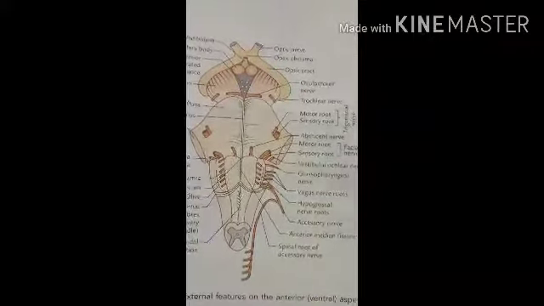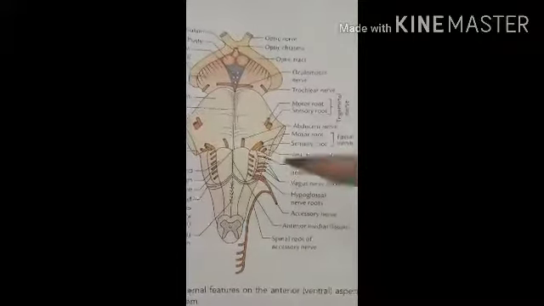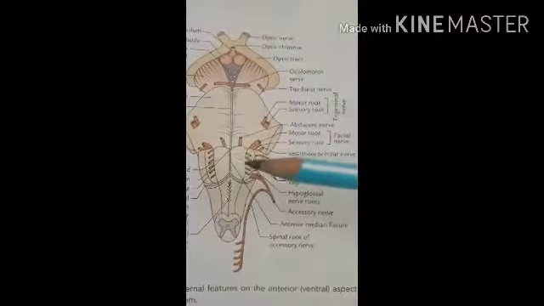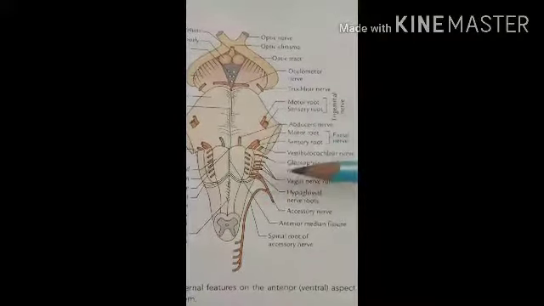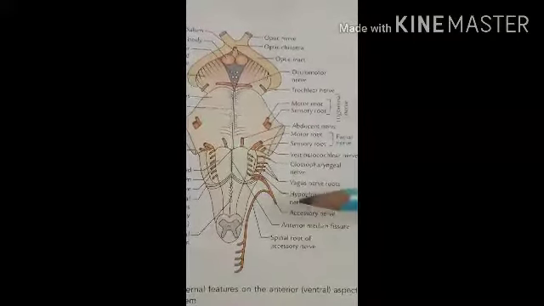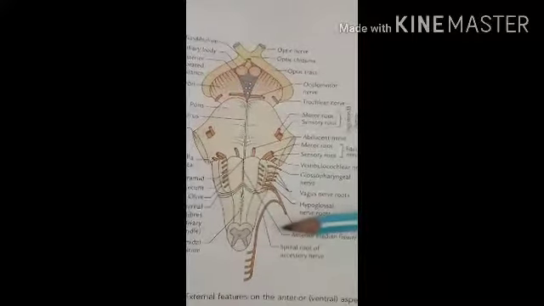After that are the 9th, 10th, 11th and the 12th, that is the glossopharyngeal, vagus, spinal accessory nerve and the hypoglossal nerve. They originate from the different parts of the medulla oblongata.